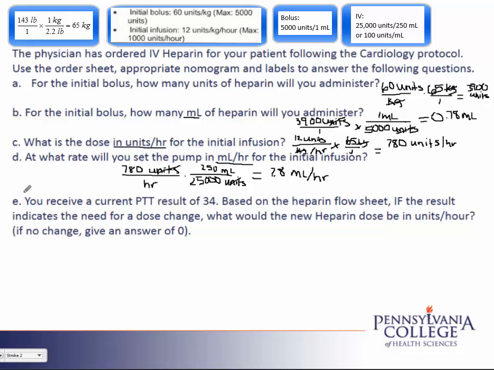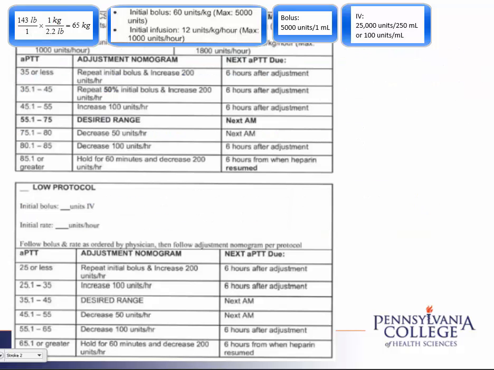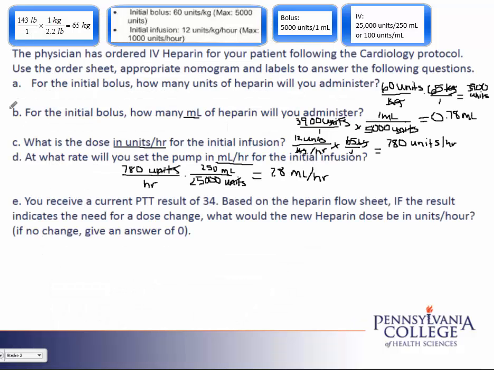For Part E, I receive a PTT result of 34. In order to know what to do, I need to consult my protocol. On my protocol, I see that for 35 or less, which would include 34, I should repeat the initial bolus and increase the IV by 200 units per hour. In Part B, I calculated the initial bolus to be 0.78 milliliters. I'll administer that again.